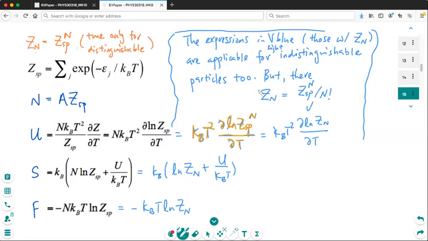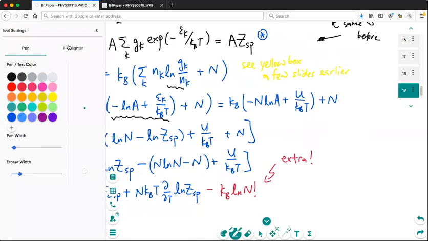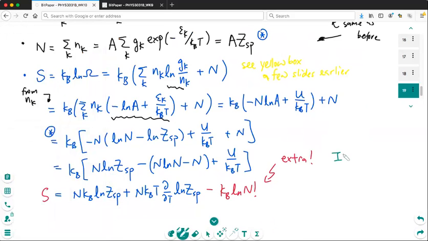Okay, so I told you before, but here this shows up here. So if I take this Zn to be single particle partition function raised to the power n divided by n factorial, I will get the same expression.